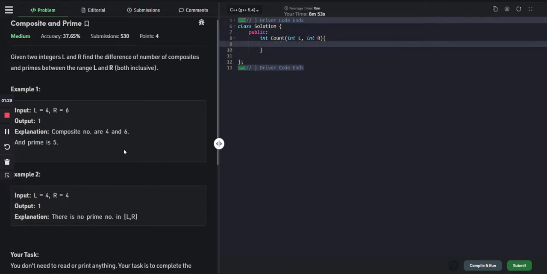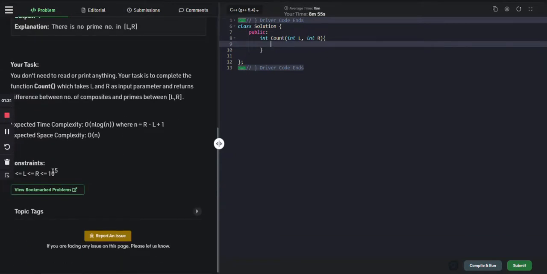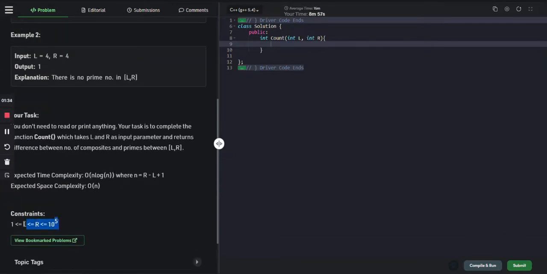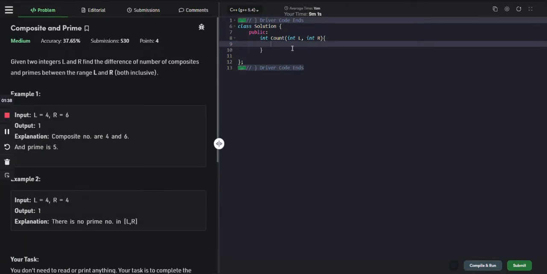So how to do that? First we need to look at the constraints. We can see that R cannot be greater than 10 to the power 5. So that means we can just create a vector to check if a number is prime.